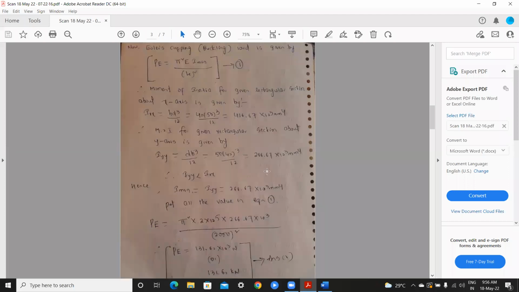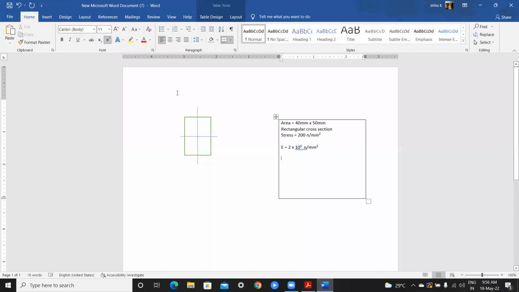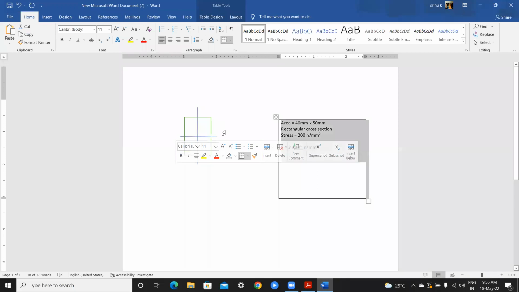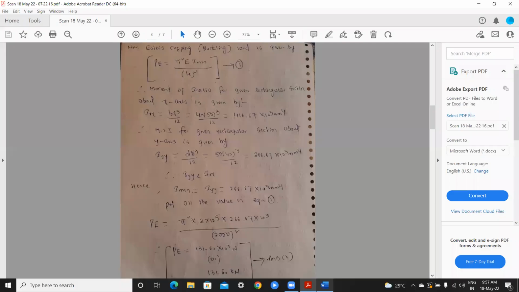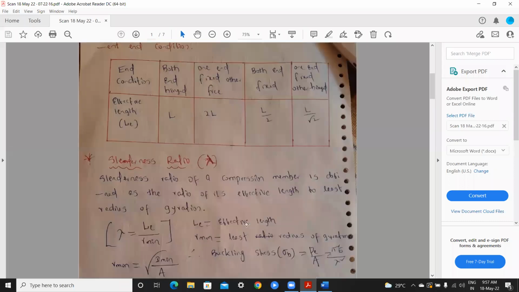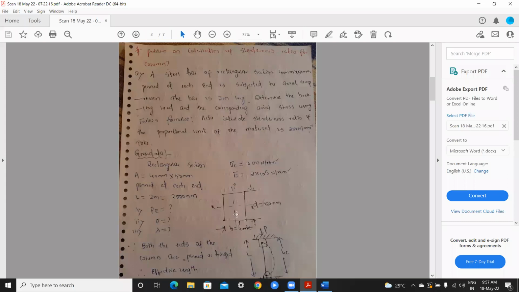Next, Euler's crippling buckling load is given by this formula: pi square E I minimum by Le square, where Le is the effective length. I minimum means the XX section. In the XX section, they gave the cross section of the column, which one is XX and which is YY.